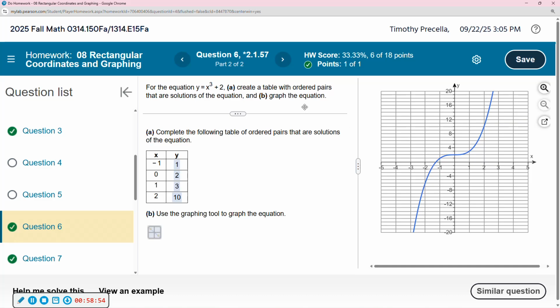Any questions? This cubic tool, it's real easy to use. Just plug in the numbers and then plot the ordered pairs, 1, 2, 3, 4 in the order they have listed there. I've never tried plotting them in a different order.